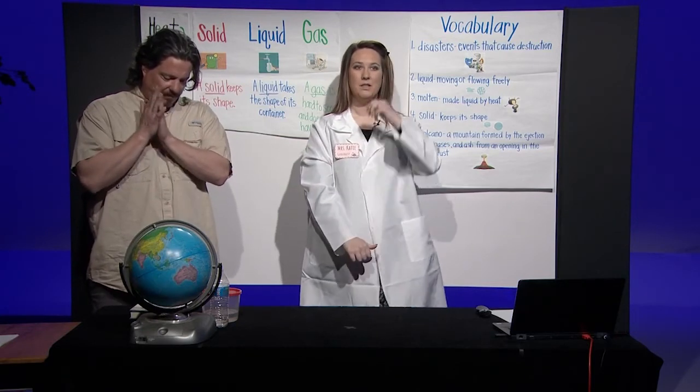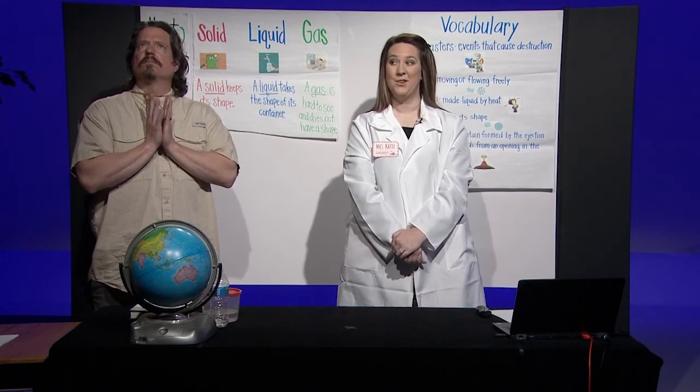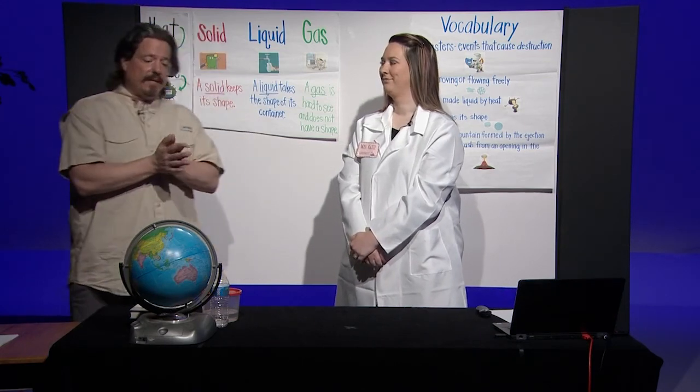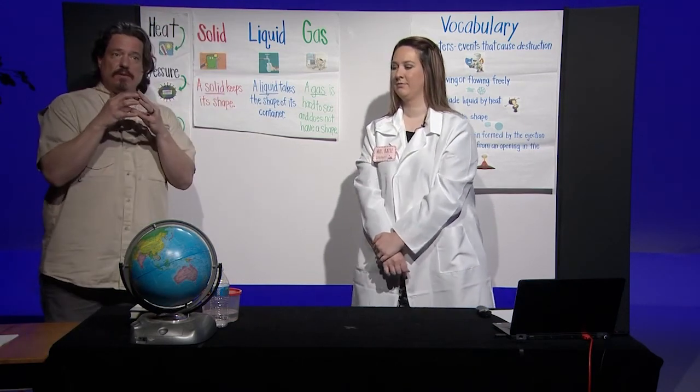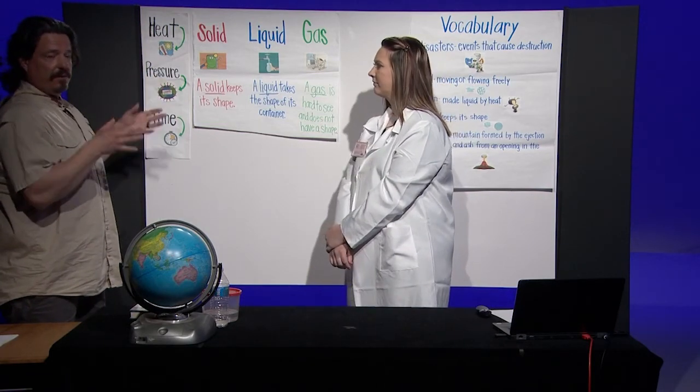All right, now that we've described the outer core, let's describe the inner core. Well, if we think about the core, like we said again, the closer we get to the center of the Earth, the more heat and the more pressure that things are going to be under.